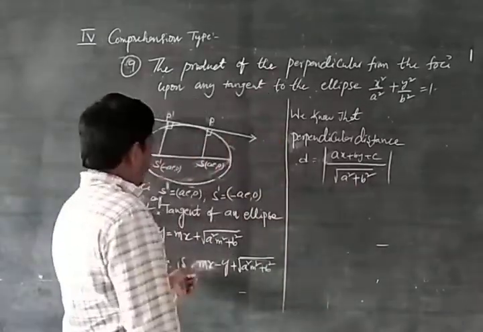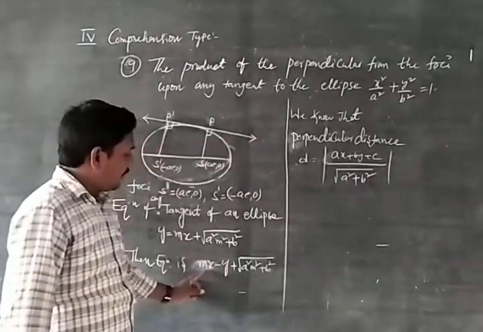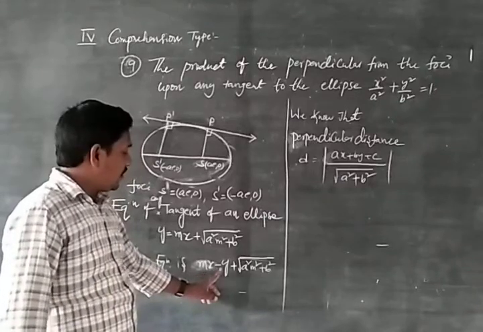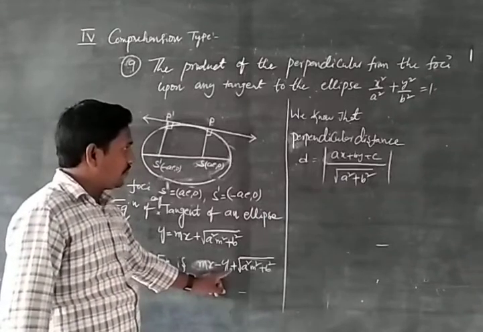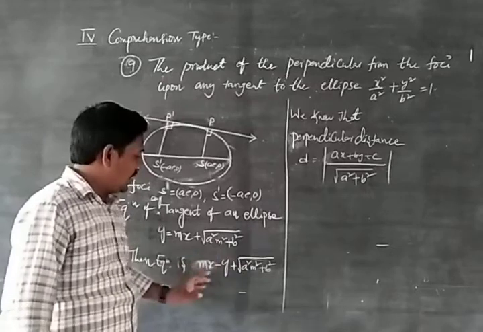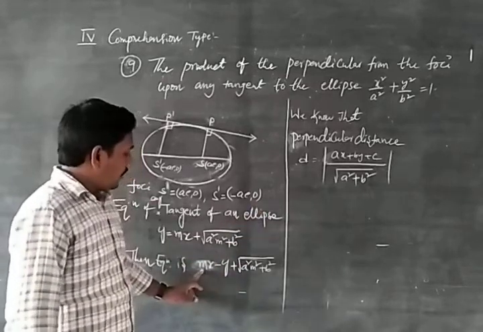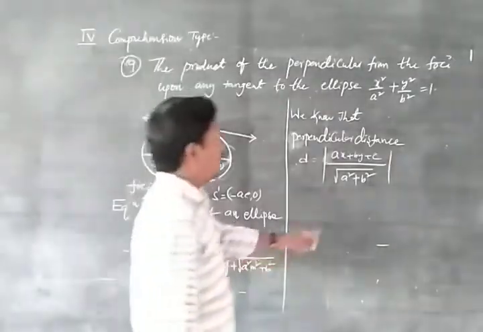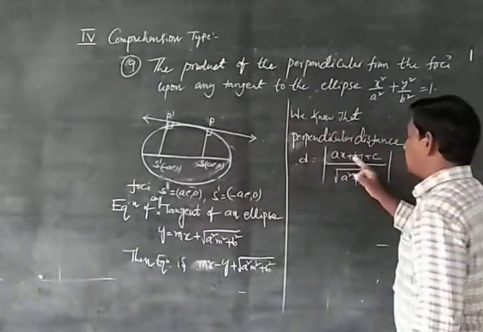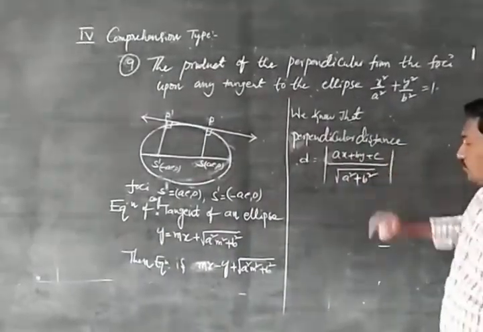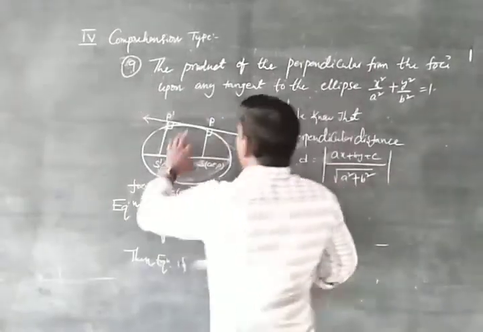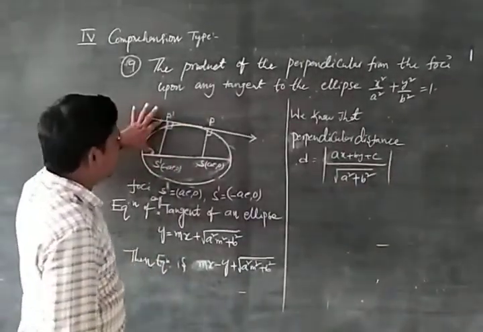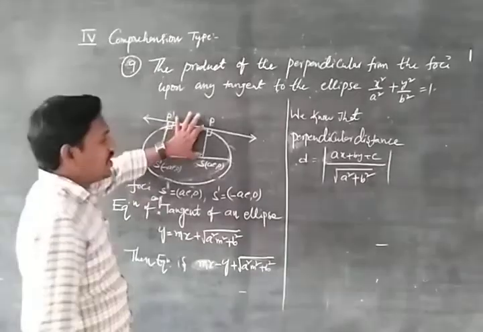We have a formula. And what is the equation here? mx means ax, minus 1 y means by, plus c. Compare mx minus y plus root of a square m square plus b square with ax plus by plus c. So this is SP, this is the perpendicular distance.